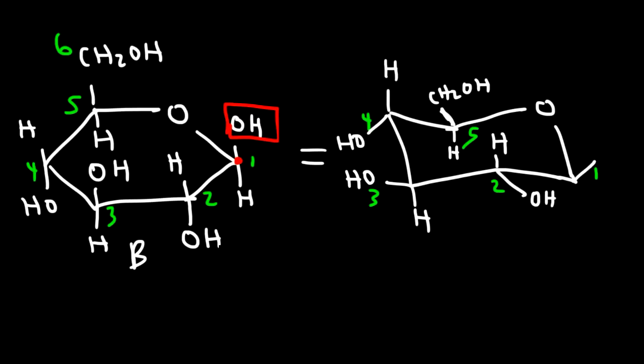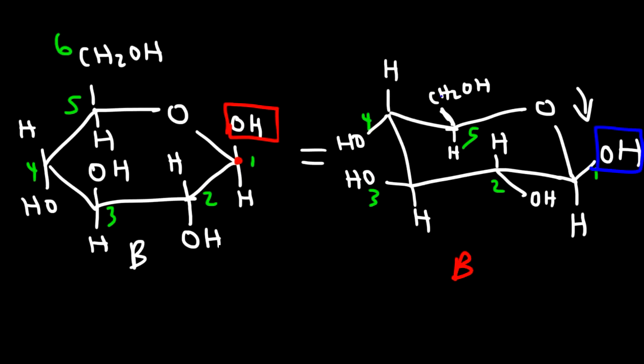So why is the beta anomer more prevalent than the alpha anomer? Is it better to put the OH group in the equatorial position or in the axial position? We know that the equatorial position of the chair conformation is always more stable because you minimize 1,3-diaxial strain. And this is why beta D-glucose is more favored at equilibrium than alpha D-glucose. It's because putting the OH group on the equatorial position makes the whole molecule more stable.